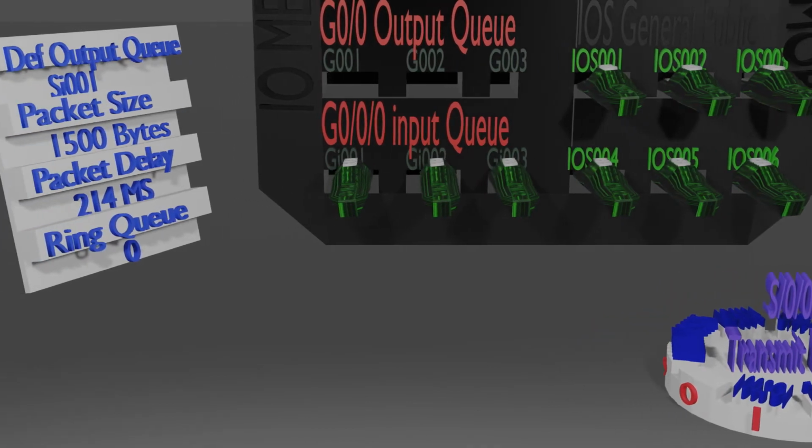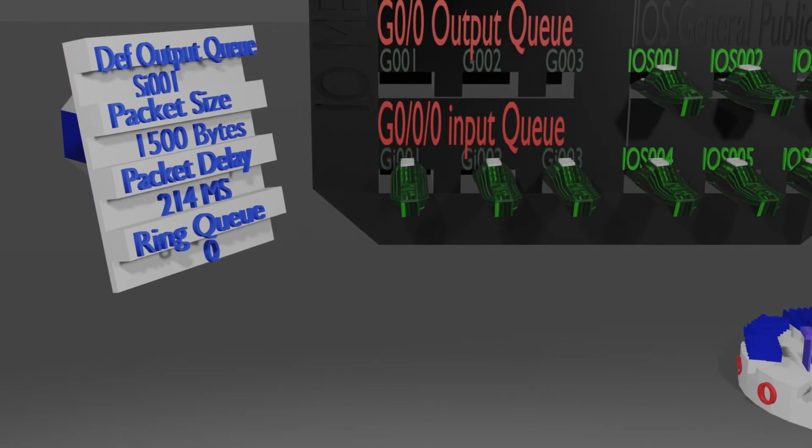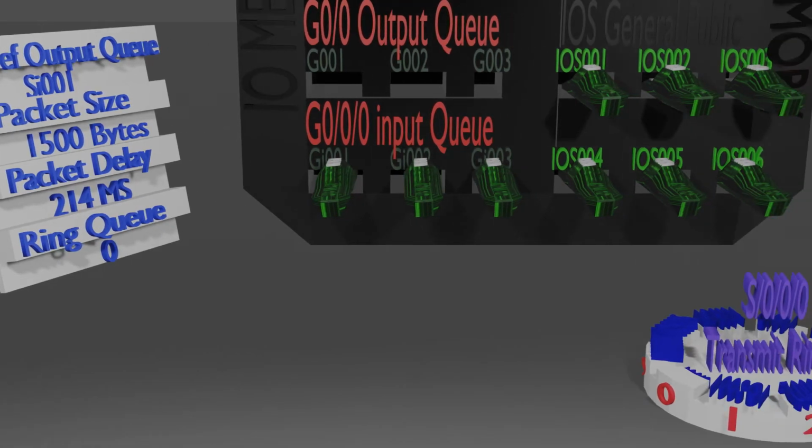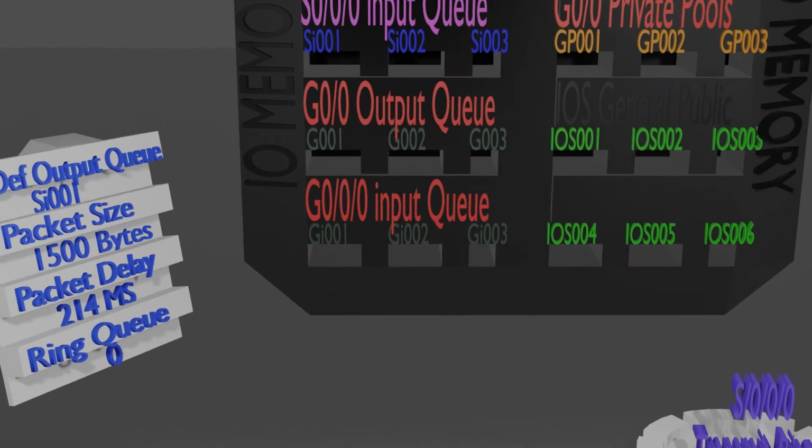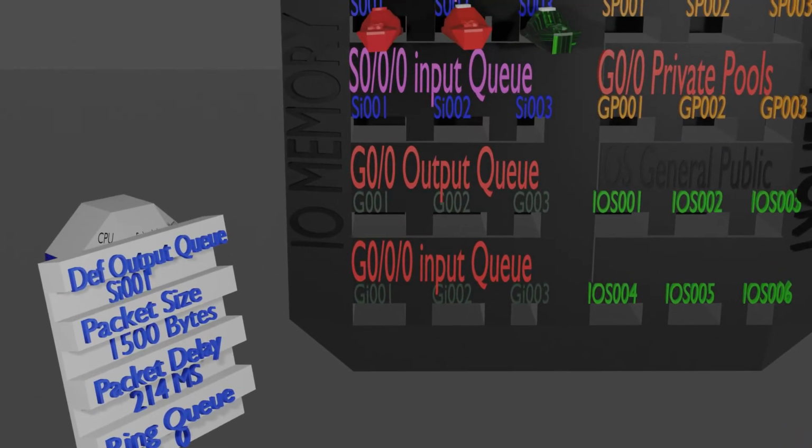The first packet, which is the data packet, will get that spot because of the first in, first out algorithm. The first packet is 1500 bytes in size and takes about 214 milliseconds to process. Because the second packet is the same size, it too will take 214 milliseconds to process.